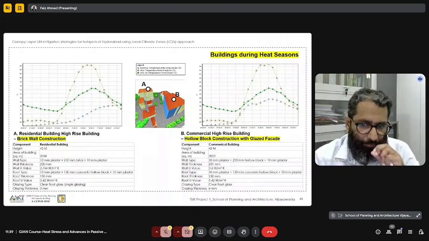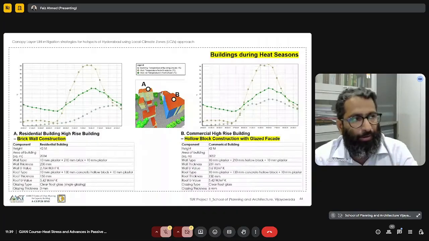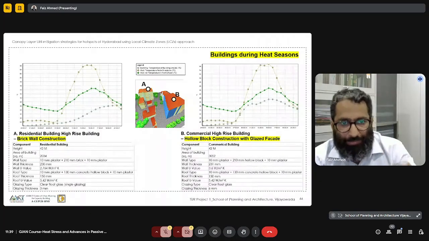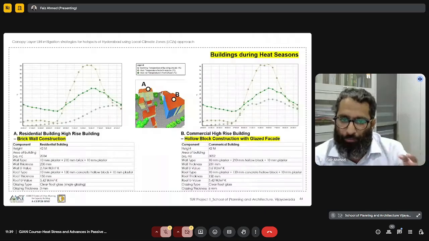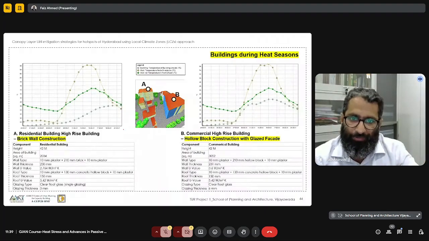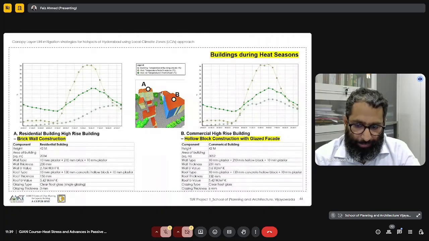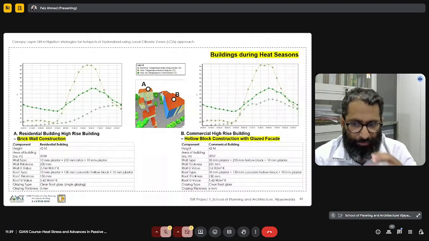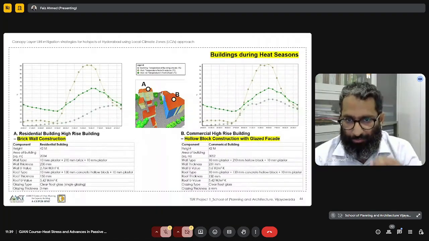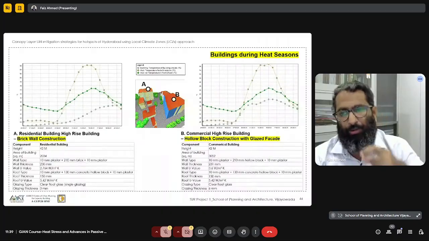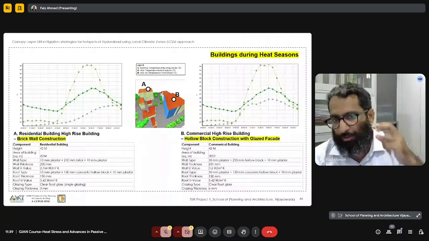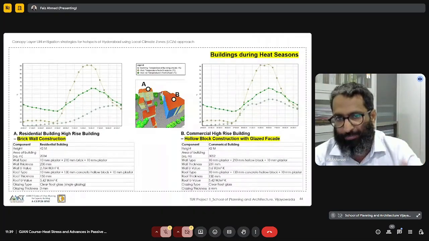So to do the concretization of that statement, we have two graphs that you can see. Both are taken from the same study area, just to demonstrate why the strategies in the outdoor environment have a profound impact on what happens inside.